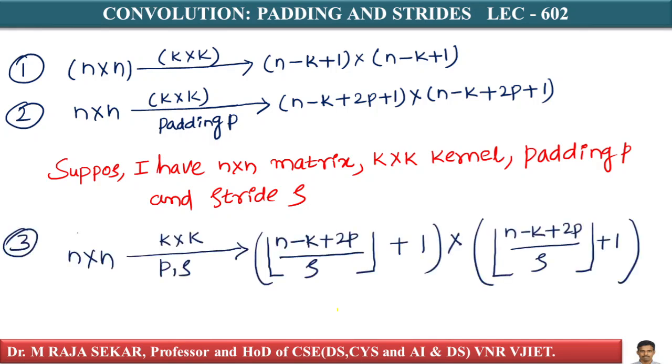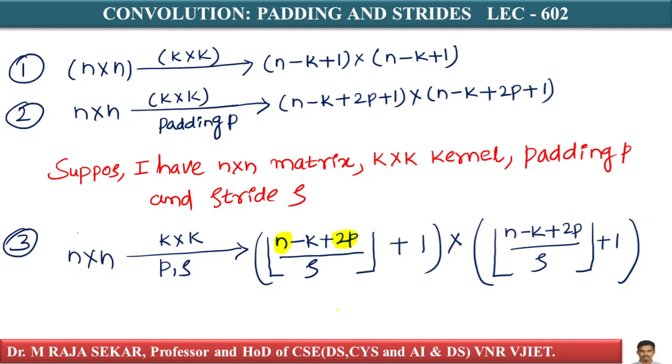It is floor of (n minus k plus 2p) by s, plus 1. Your n, because of padding, has increased by 2p. Therefore your n becomes n plus 2p.